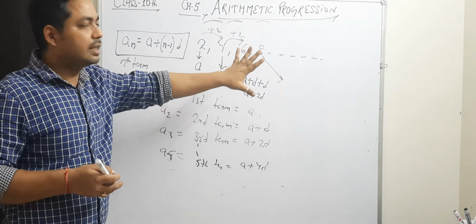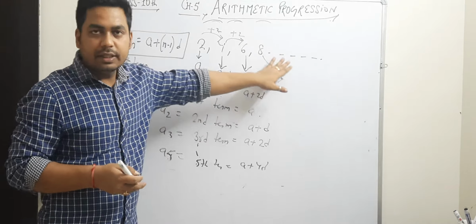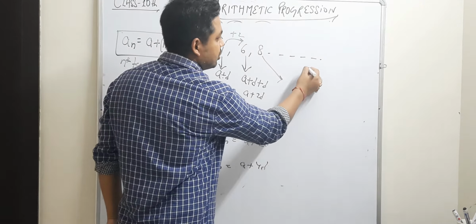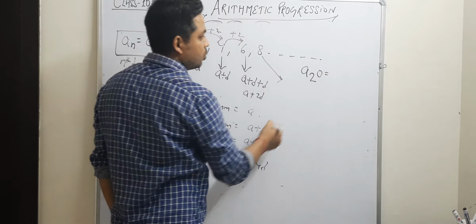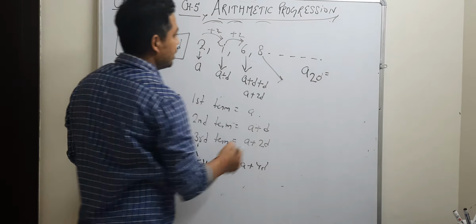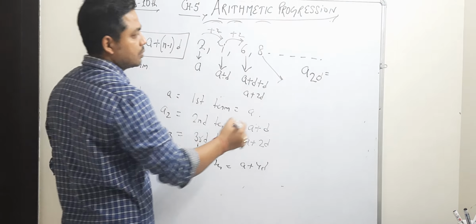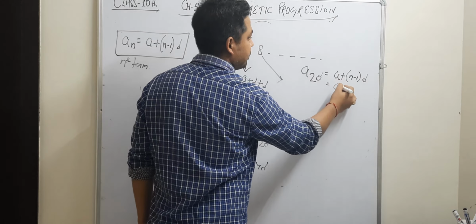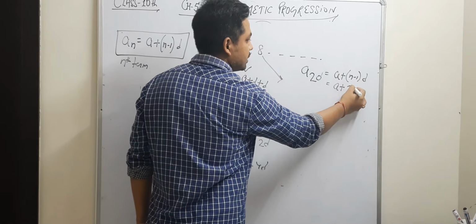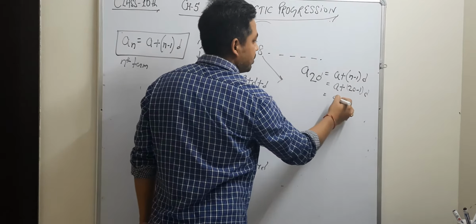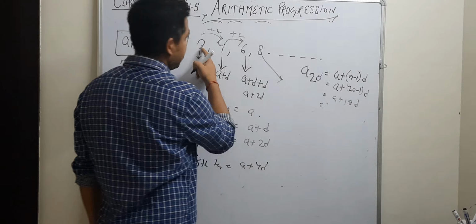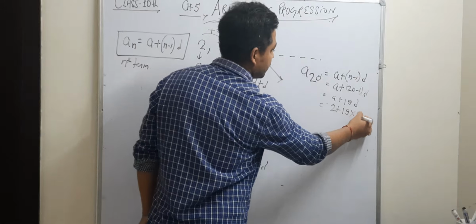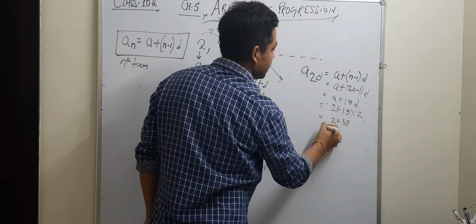If I say find the 20th term, it is not written here, up to the 4th term it is written. If I say find the 20th term, it means you have to calculate A20. So according to the formula, A20 means A plus n minus 1 into D, means A plus 20 minus 1 into D, so A plus 19D, and you know that A is 2 plus 19, D is also 2, so 2 plus 38, it will be 40.